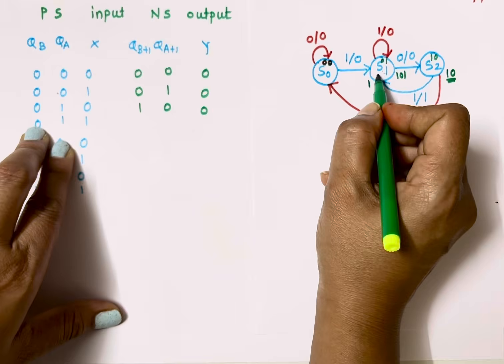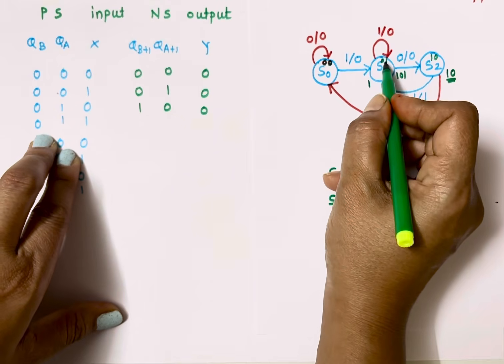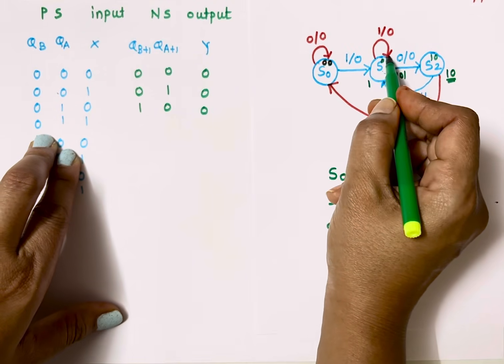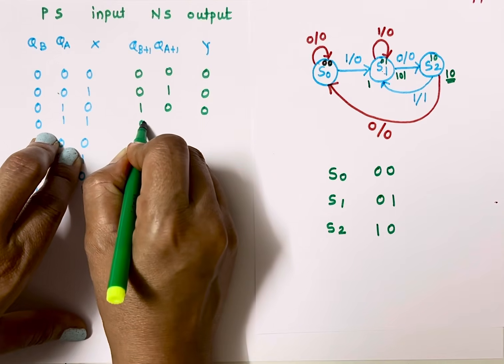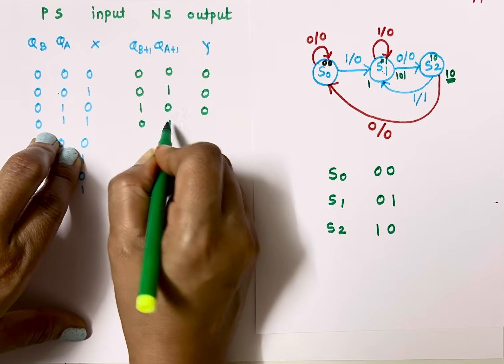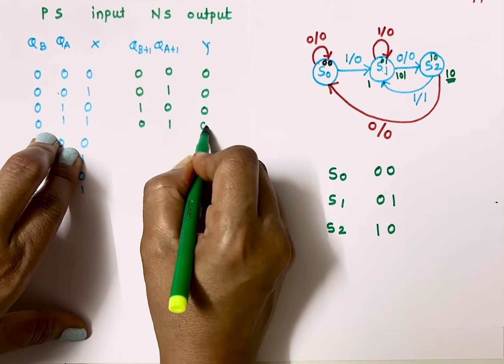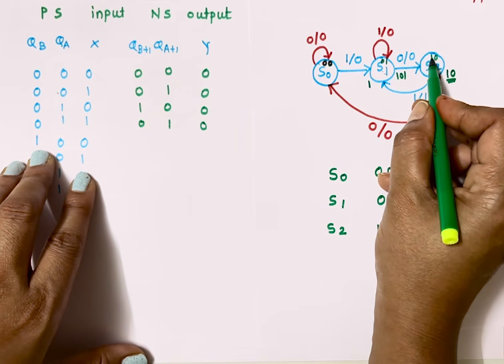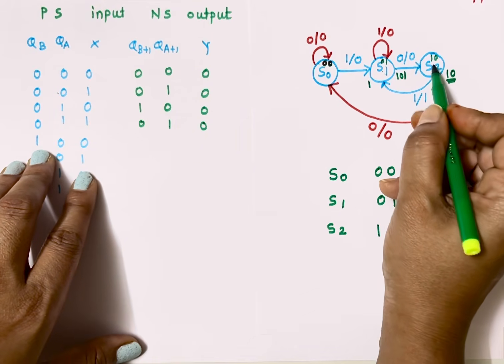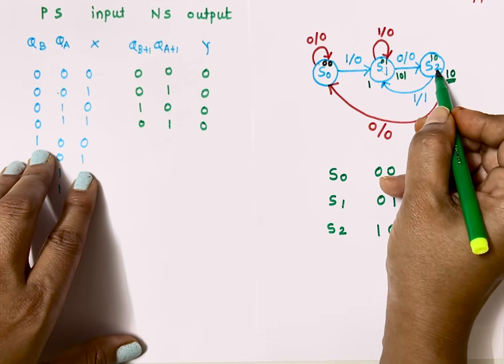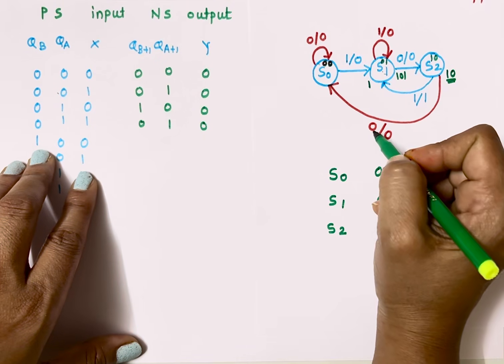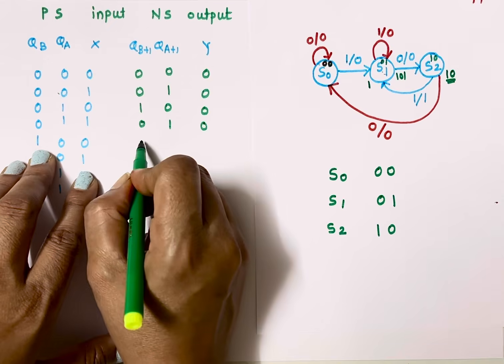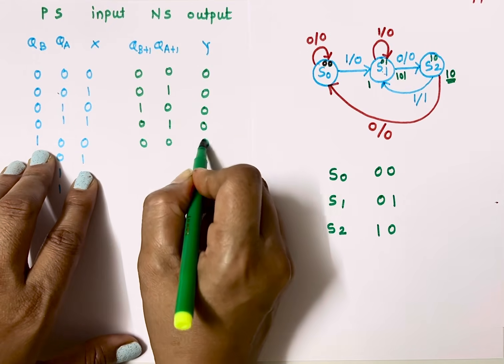Present state is 0 1 and input is 1. Then next state is again the same, 0 1, and output is 0. If my present state is 1 0 and input is 0, next state is 0 0 and output is 0.